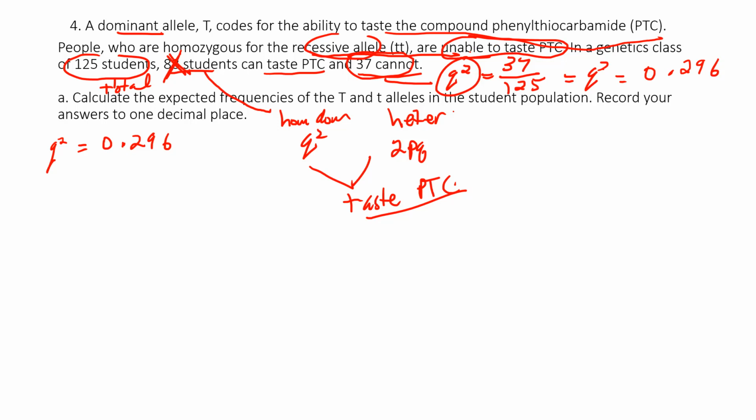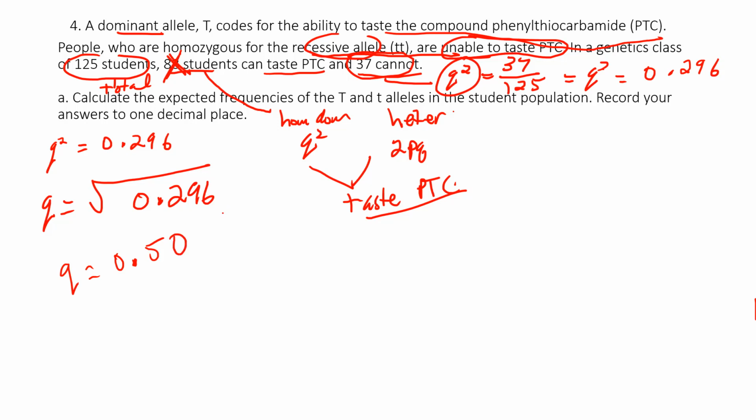Okay, so once we do that, now it's very easy. Once we have Q squared, we want to find a single Q so we can go find P. So, to find Q, we're going to use the square root of that answer. Okay, and when we do that, we come up with Q now being 0.50.